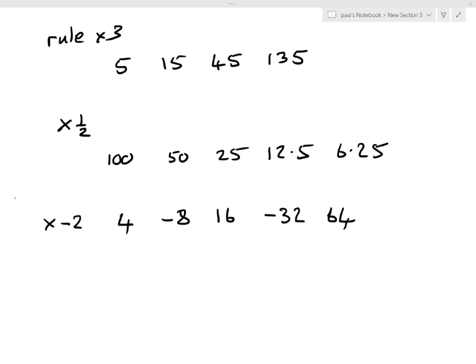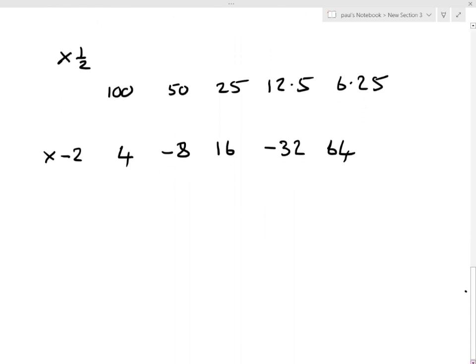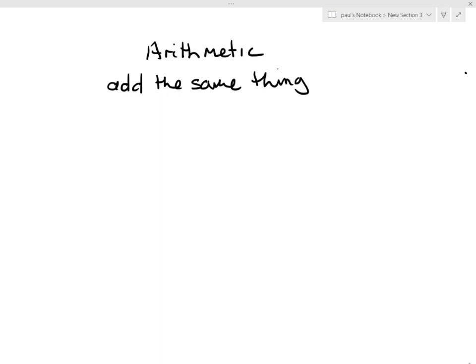The one that is much more involved, and you get much more questions on it, is an arithmetic sequence. Yeah, and this time you add the same thing. Add the same thing every time.